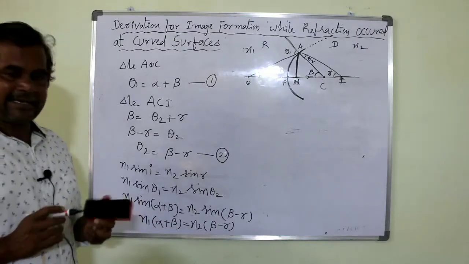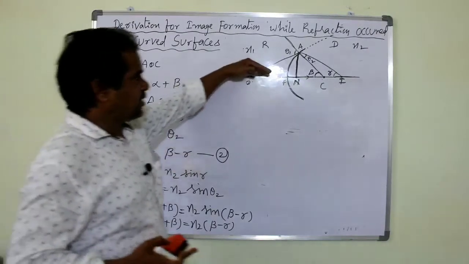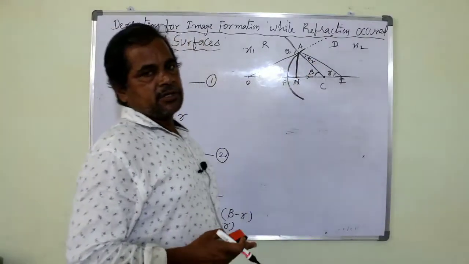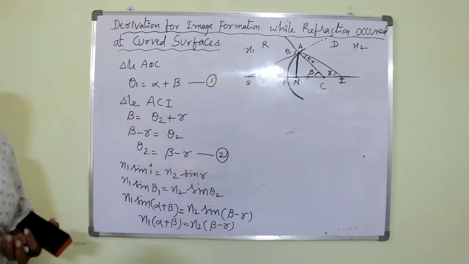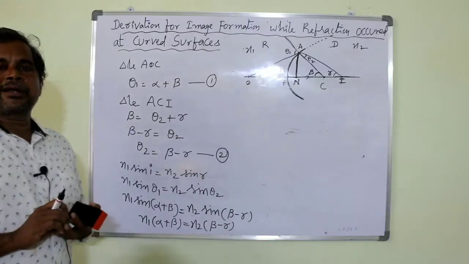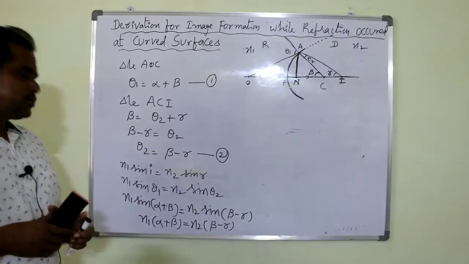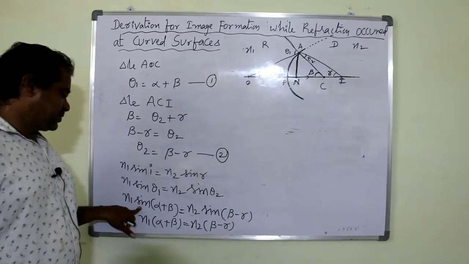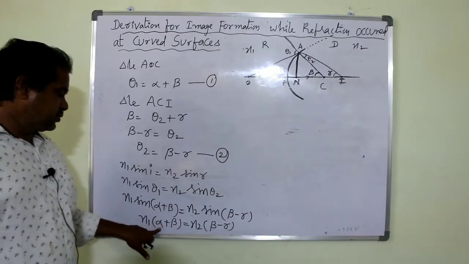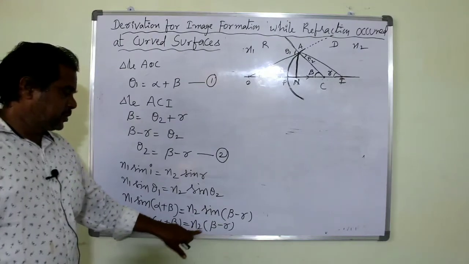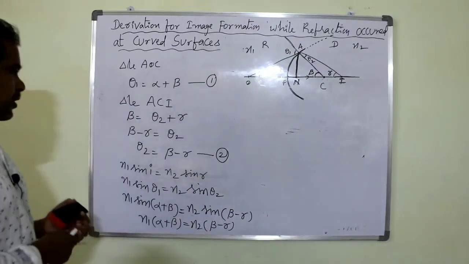If any light rays move very near to the principal axis, those light rays are called paraxial rays. In the case of paraxial rays, the values of the angles are very small, so we remove the sine ratios, then we get N1 into alpha plus beta is equal to N2 into beta minus gamma.